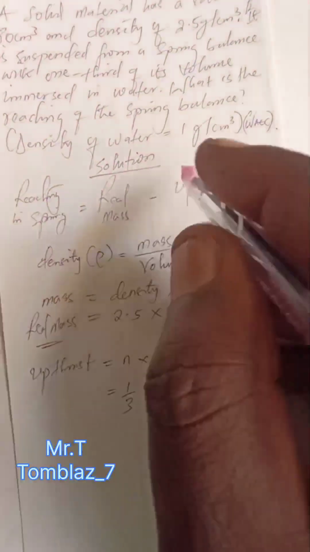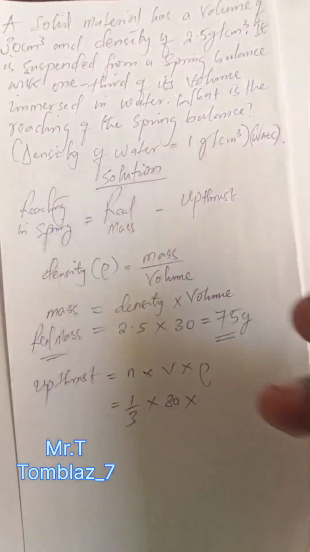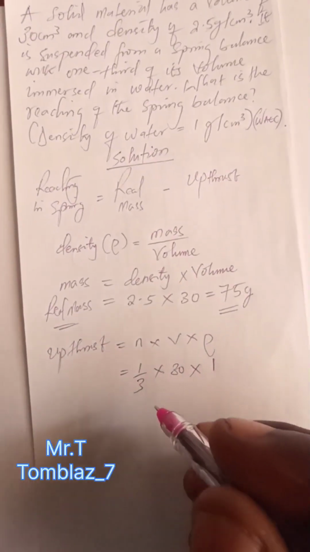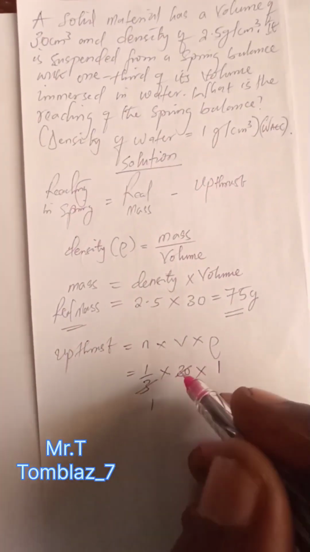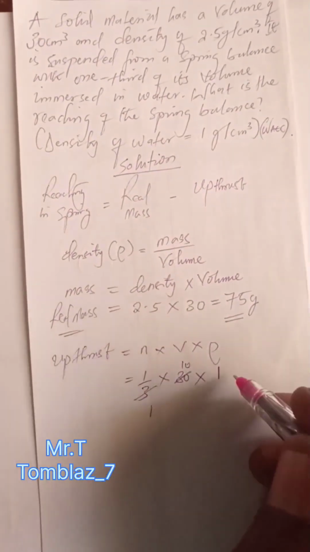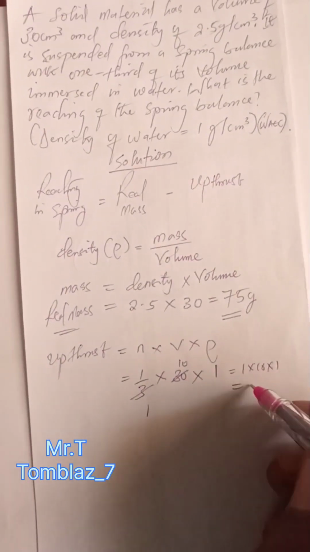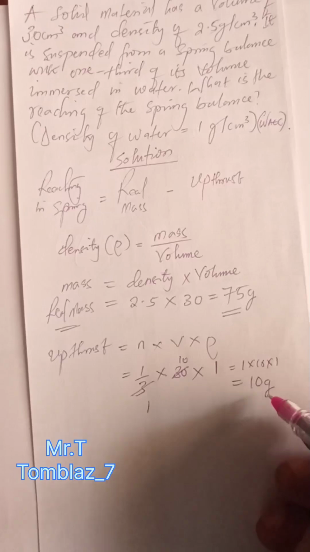The density of water is 1 gram per cm³. So 3 here, 1, 3 here is 10. So we are going to be having 1 times 10 times 1, and that's going to give us 10 grams.